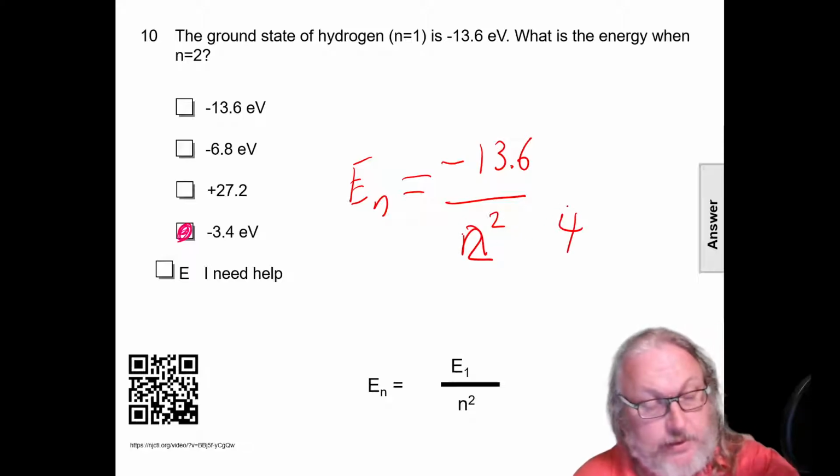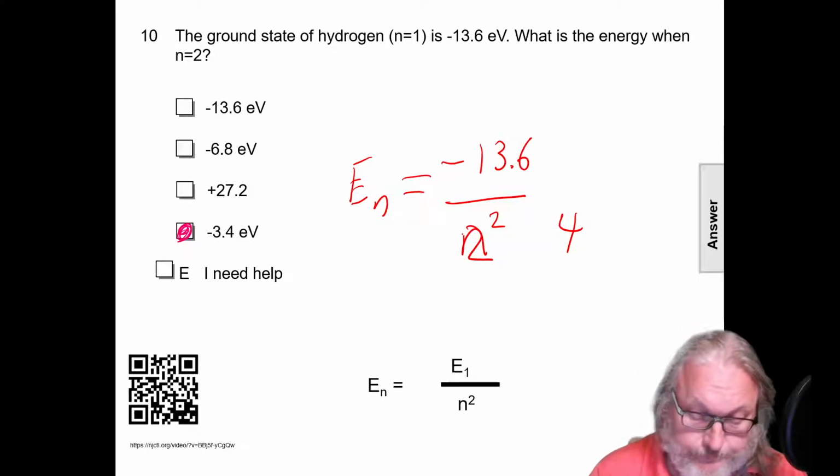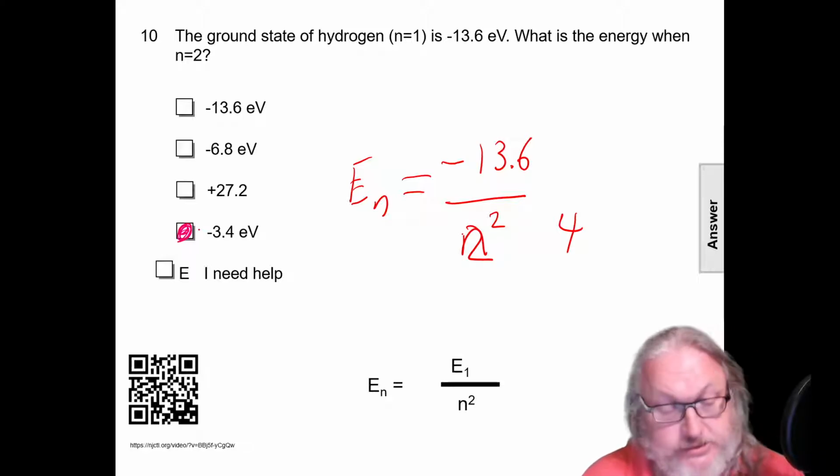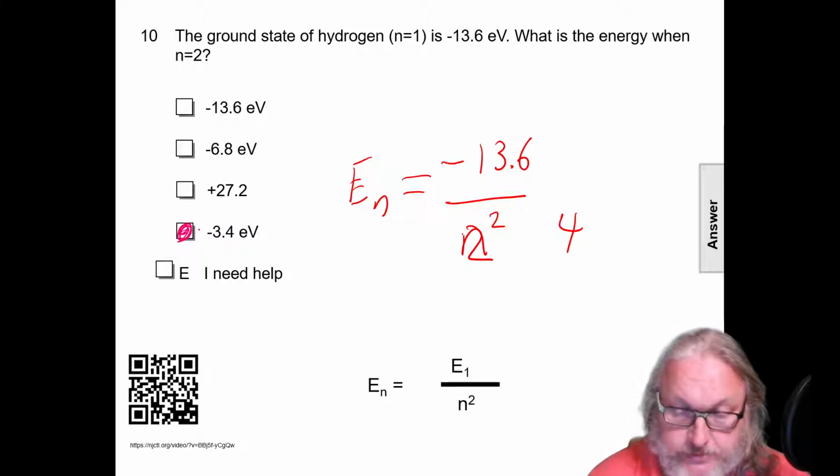Get my little calculator out. If I take negative 13.6 electron volts divided by 2 squared, 4, I get minus 3.4 electron volts.